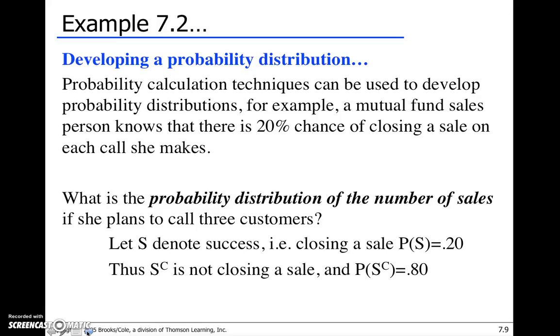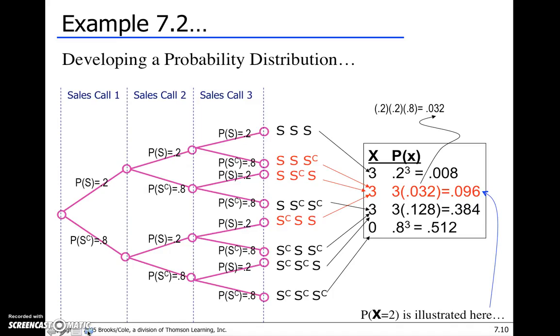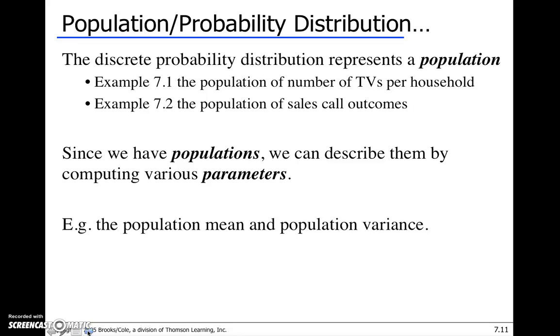Let S denote the success, that is, closing a sale. Probability of closing a sale equals 0.2, probability of not closing a sale is 0.8. And we develop a tree diagram as shown there. In this case, we are going to skip. Tree diagrams are not included in this course at this time. So we will go further down.